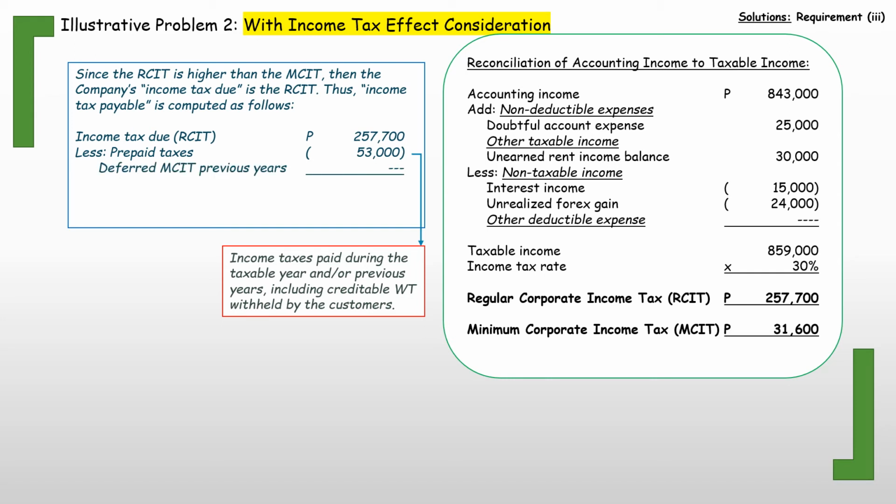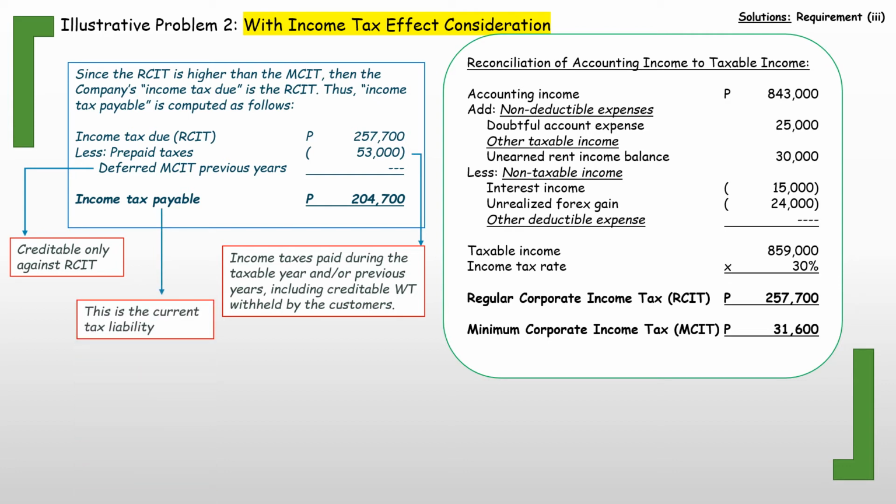Then, yung deferred MCIT from previous years. So, based on the information, walang deferred MCIT. Again, this is creditable only against RCIT. Then, we can now compute the income tax payable. Our income tax payable is 204,700.